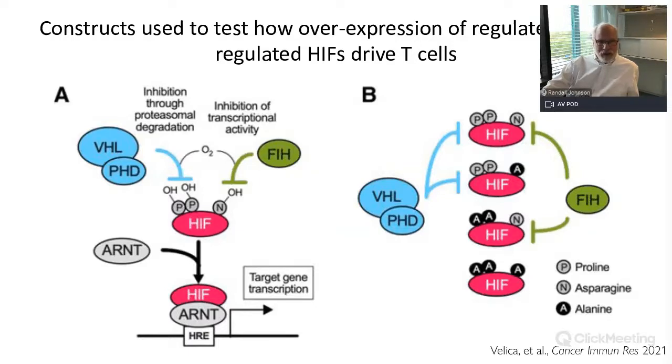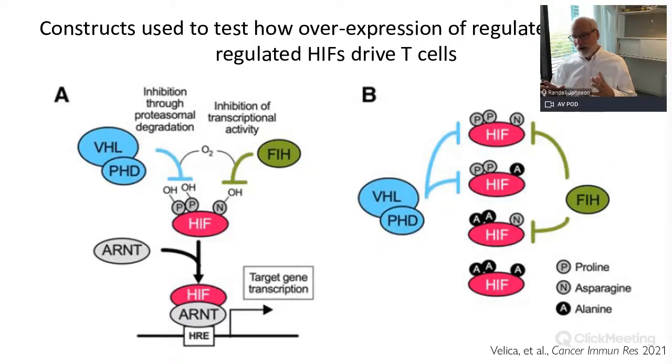And so because we knew that the VHL pathway was really important for differential function of T cells and obviously could give rise to increased HIF expression, we wondered what happens if it's combined with this other oxygen-mediated pathway of HIF control, the pathway involving the FIH gene.